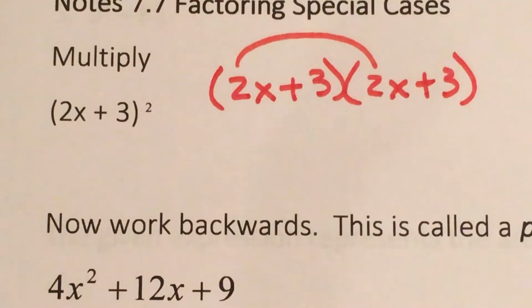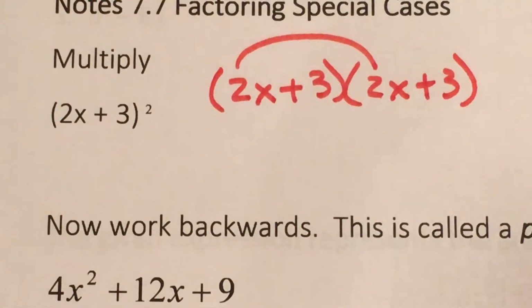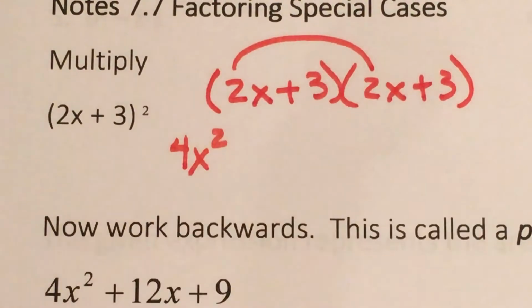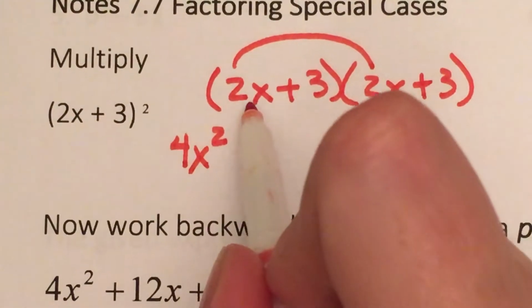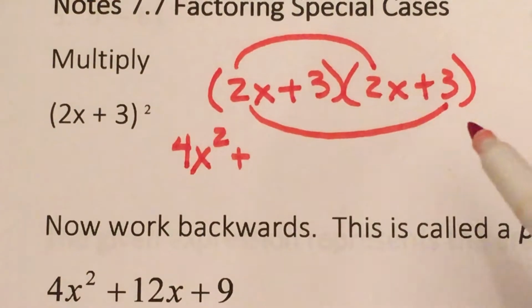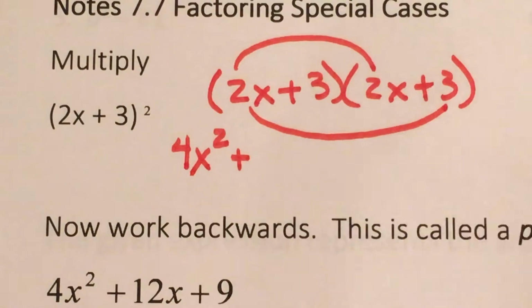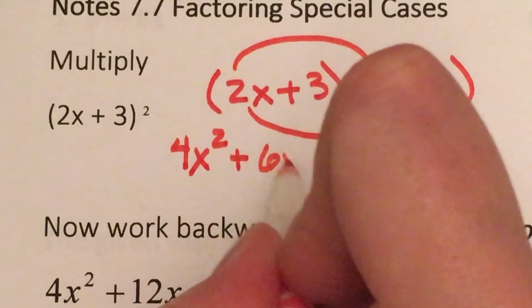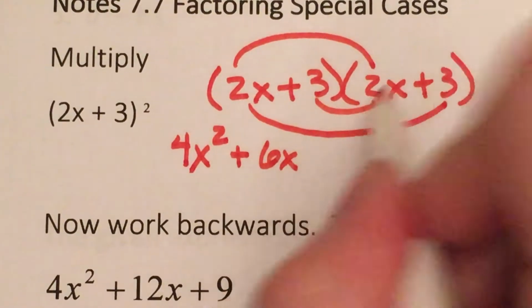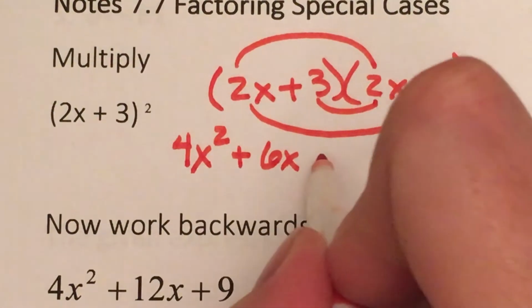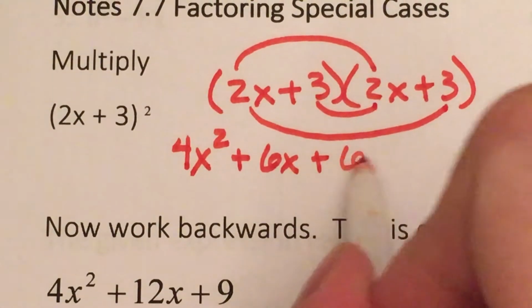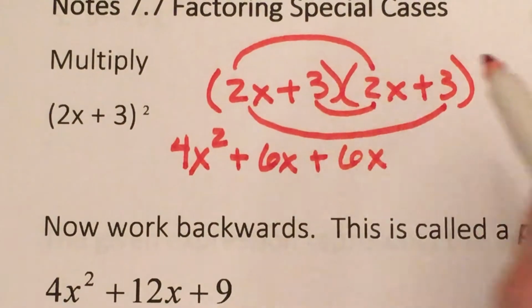So first, 2x times 2x is 4x squared. Outer, a positive times a positive is a positive. 2x times 3 is 6x. Inner, a positive times a positive is a positive. 3 times 2x is 6x.